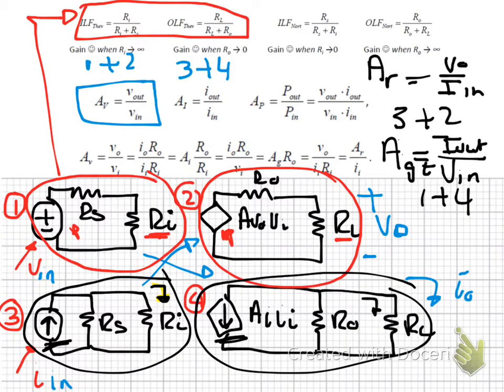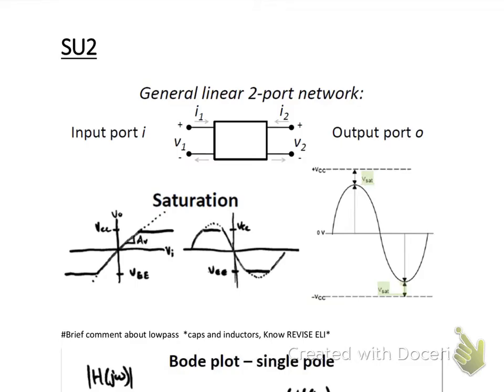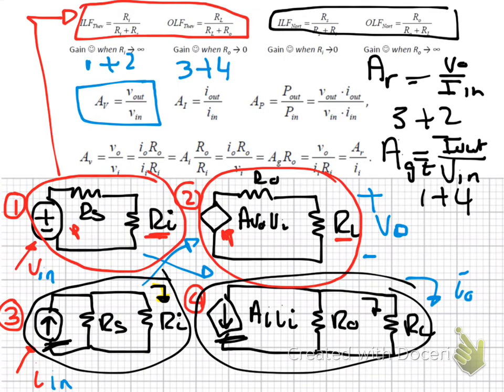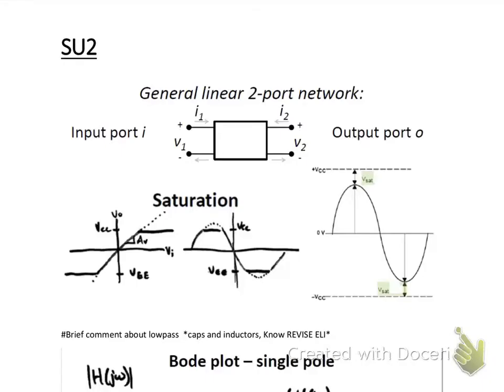That loading factor is described by that equation, which is just a simple current division equation. So that is basically study unit 1. You should have seen everything that happened here. These are just the stages of your amplifiers.